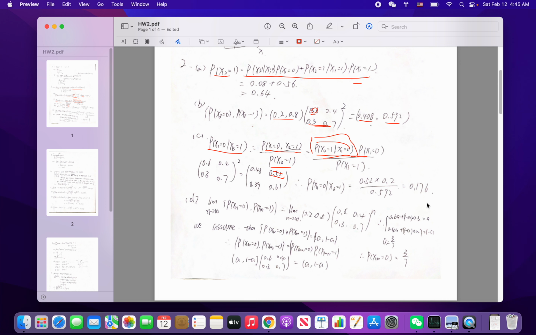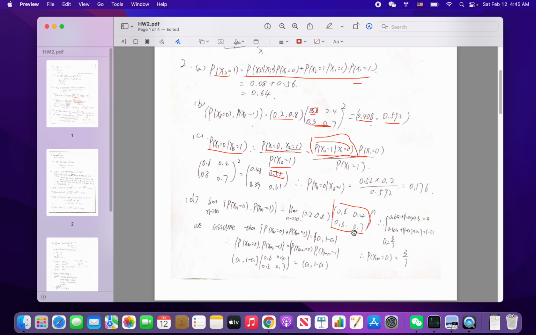We need to find the limit of the probability when n goes to infinity. We need to take the power of this matrix. We need to calculate it.